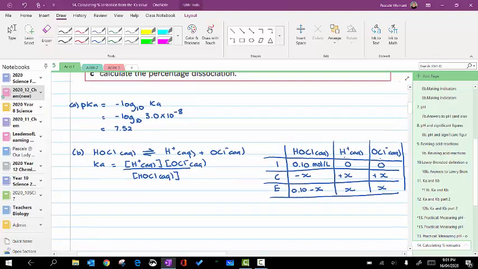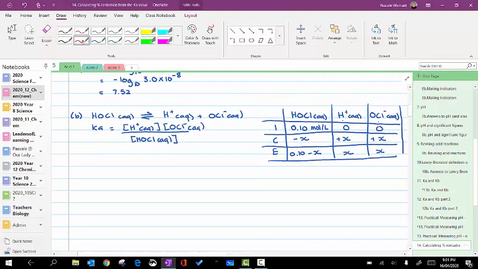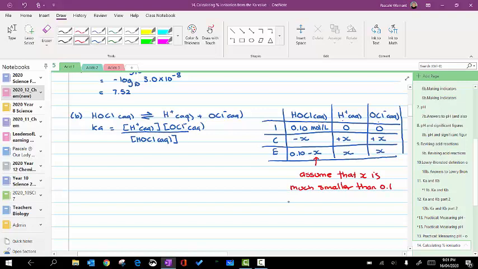Okay, at this stage, we're going to assume that because we're talking about a weak acid, which only dissociates to a very small extent, we can safely assume that the value of X is much smaller than 0.1. Okay? Which means that 0.1 minus X is about the same as 0.1. Now we can go back to the Ka expression and we can substitute all of this in there. Okay, so the Ka expression was given to us in the question.